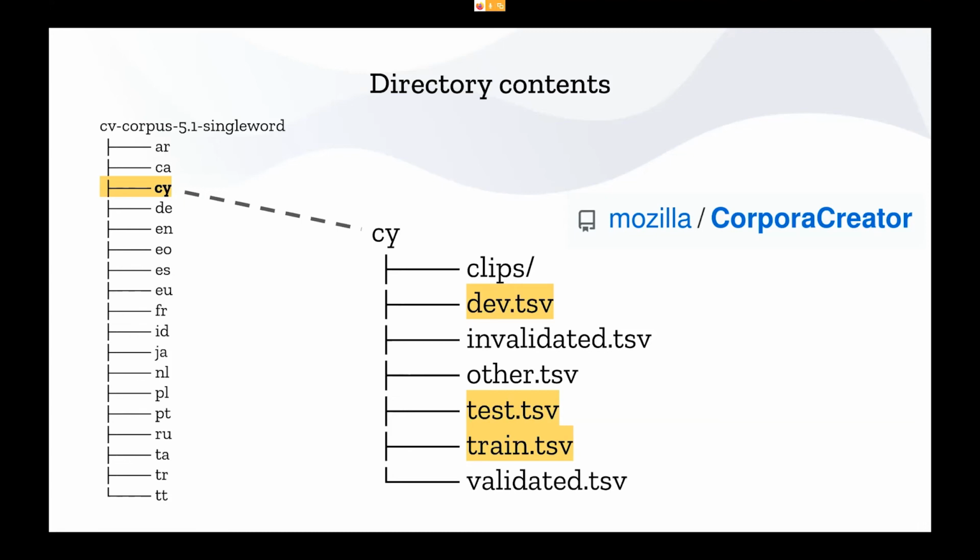I will say that something that's very important is that we've made a decision that no human speaker will be present in more than one of these sets. So if you've heard somebody's voice in train, you should never hear that same person's voice in test or dev, even if they spoke a different sentence, because that's a kind of cheating, basically.